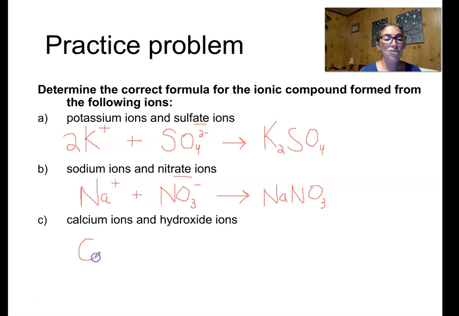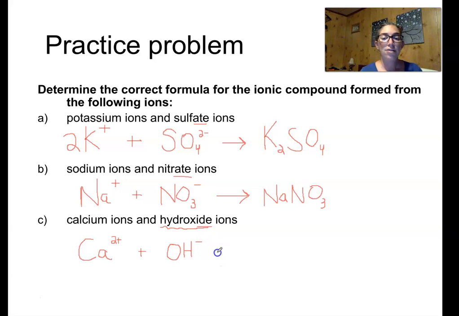I saved the trickiest one for last here. Calcium ions. Calcium is found on the periodic table in group 2. It has a 2+ charge. And hydroxide ions. Ide makes us think we want to go look at the nonmetals on the periodic table, but remember, hydroxide is one of those ones I said you should memorize from the polyatomic ion list. So hydroxide, if you look it up on the table, is OH-.